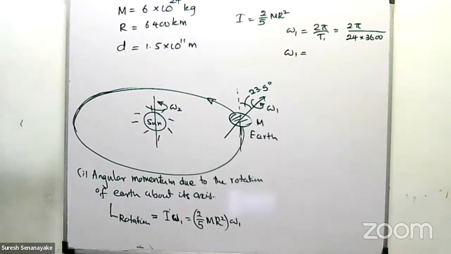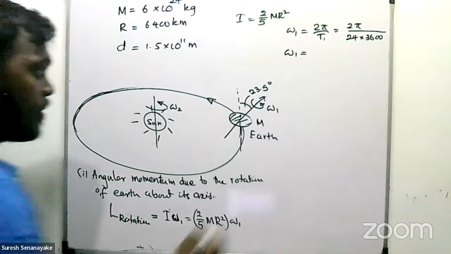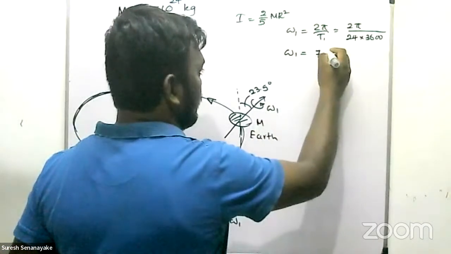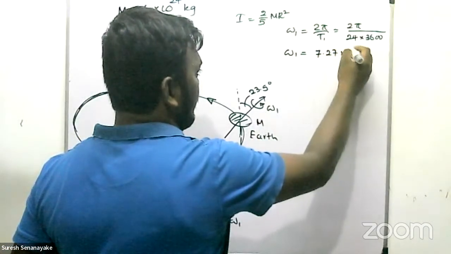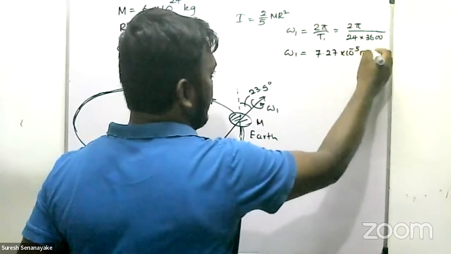I'll give this answer: 7.27 × 10^-5 radians per second.